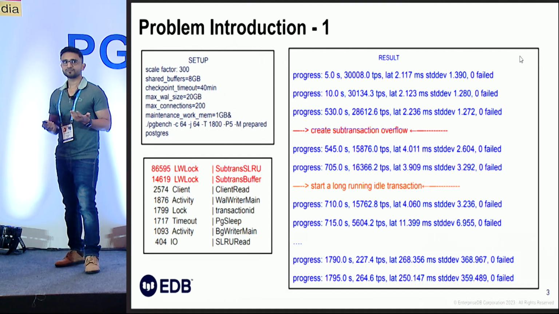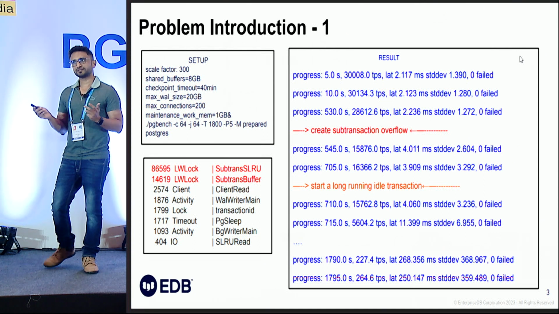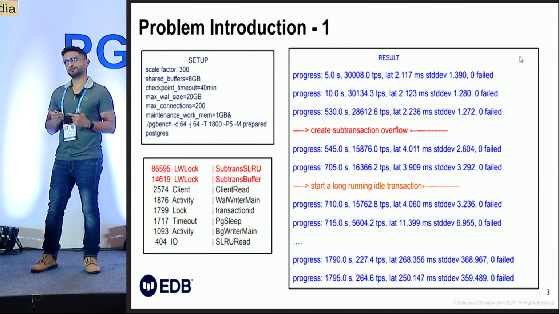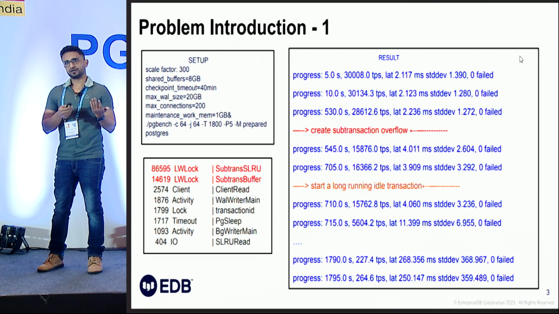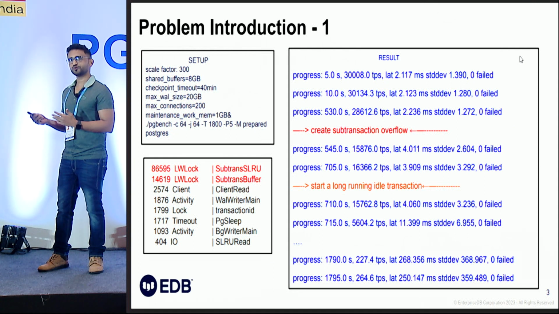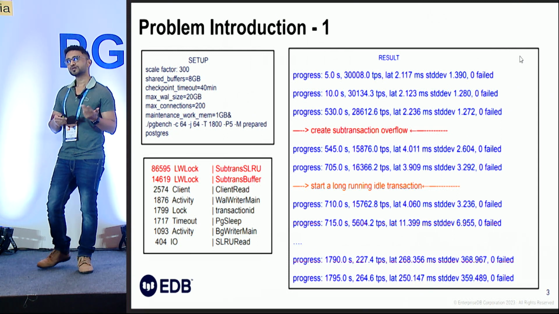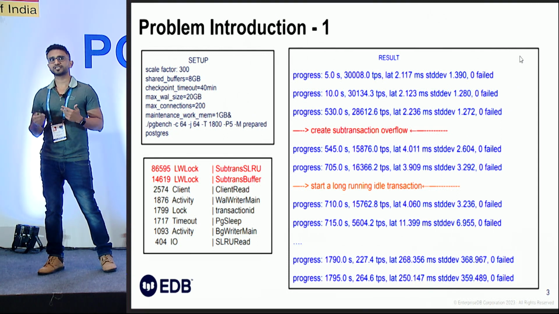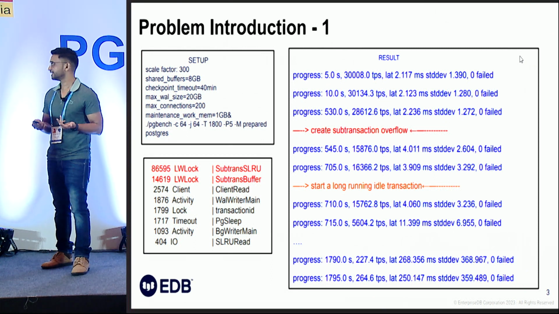Then I started one more script which starts a transaction and creates more than 64 savepoints. Why 64? Once we go deeper into the problem, we'll understand that better. Each savepoint does some write operation, just so that it gets a subtransaction ID.